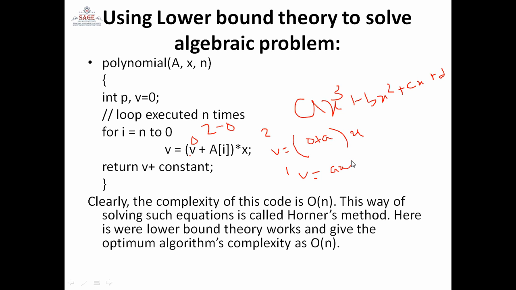Plus a of i is what? B. Now we are talking about a of 1. We have here 1. And we are going to multiply with what? X. So we are going to get what value? Ax square plus bx.